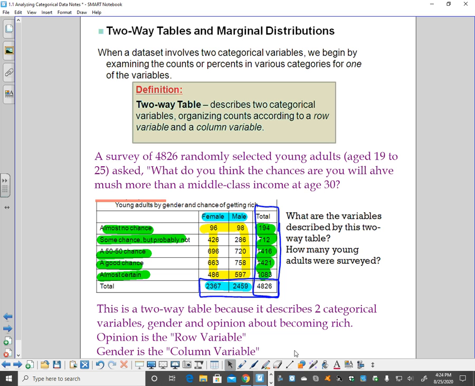And the opinion of your chance of getting rich in green, that's the other variable. So this is a two-way table because it describes two categorical variables, gender and opinion about becoming rich. Opinion is the row variable, and gender is the column variable. So think like columns on a house.